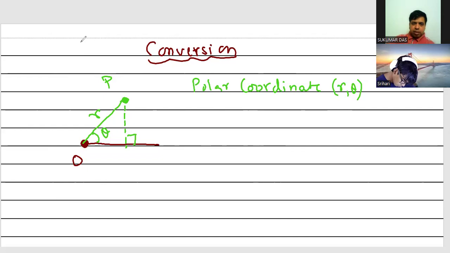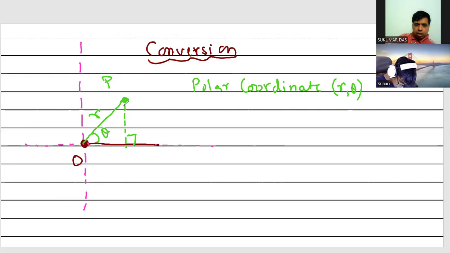Now what you do? Let us take the rectangular coordinate axis at this location, such that the origin coincides with the center of the polar coordinate system. So we are showing the polar coordinate system and rectangular coordinate system on the same graph. Where our pole was situated, we are taking our origin of the rectangular coordinate system.